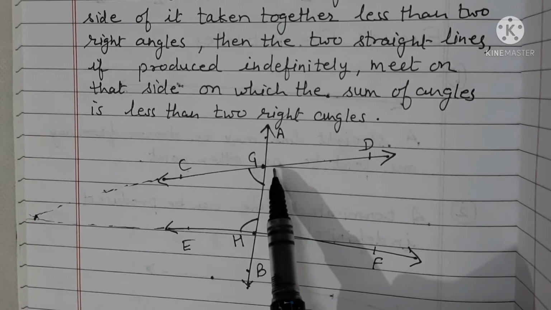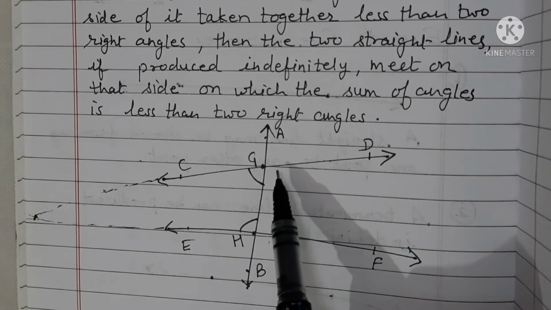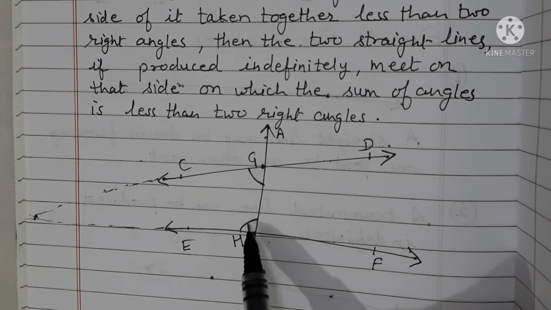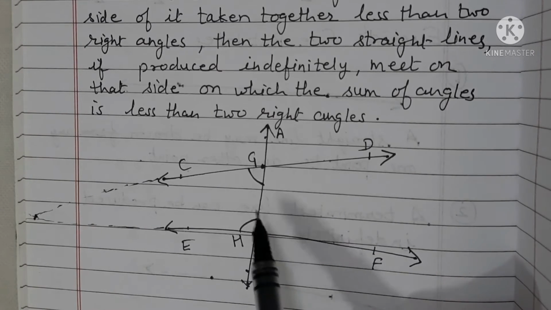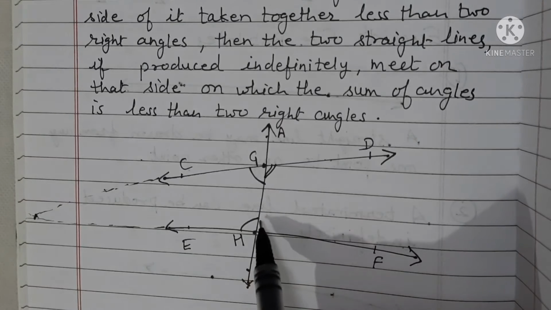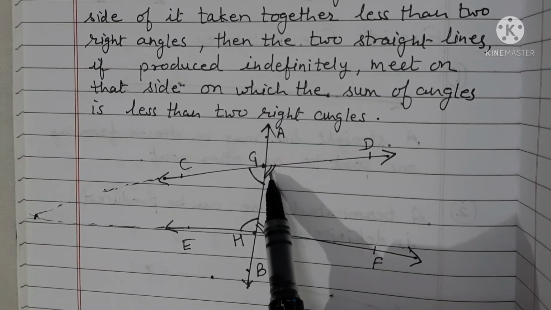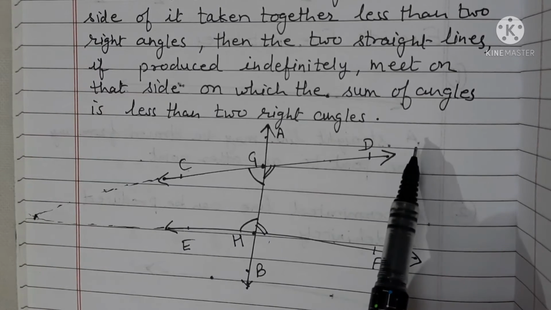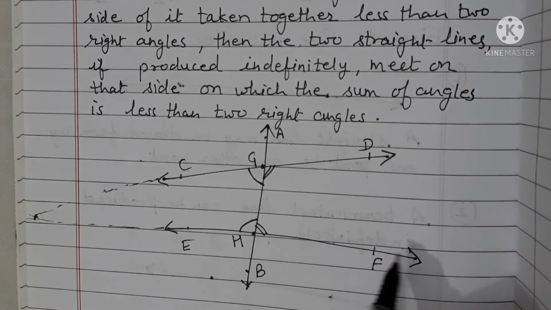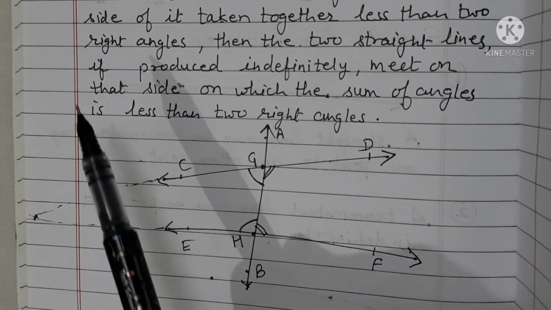And when you take the sum of the angles opposite to these, these two angles here, the sum will be greater than 180 degrees, or greater than two right angles, and if you produce the straight lines, they will never meet. This is the concept based on the fifth postulate.